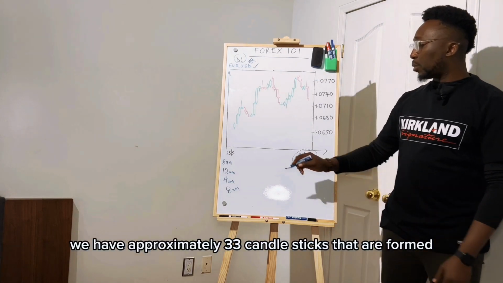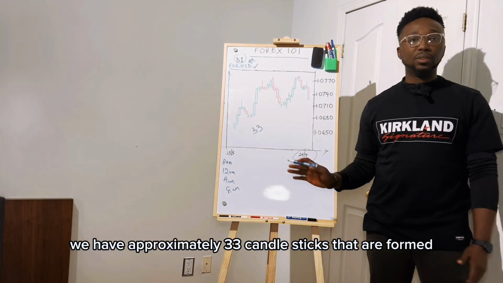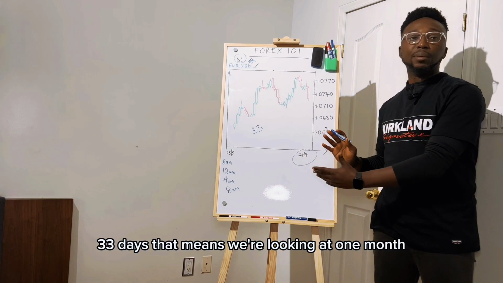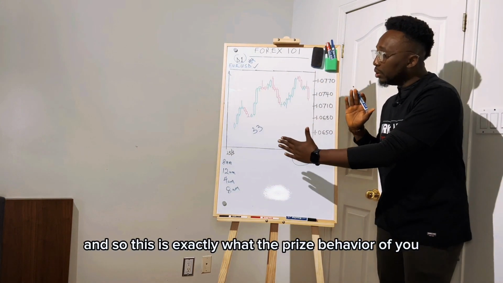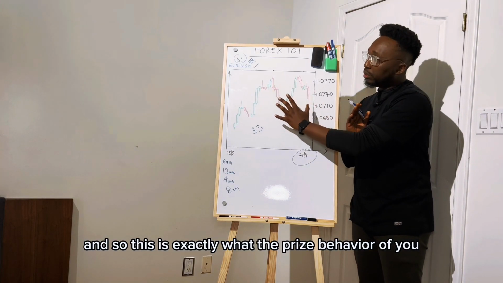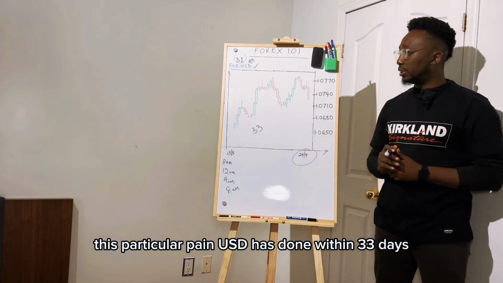So we have approximately 33 candlesticks that have formed. So we're looking at how many days? 33 days. That means we're looking at 1 month. And so this is exactly what the price behavior of this particular pair, Euro USD, has done within 33 days.